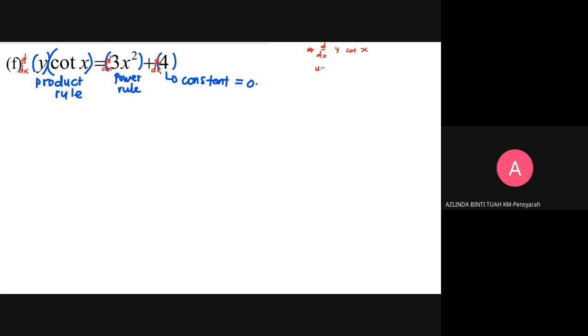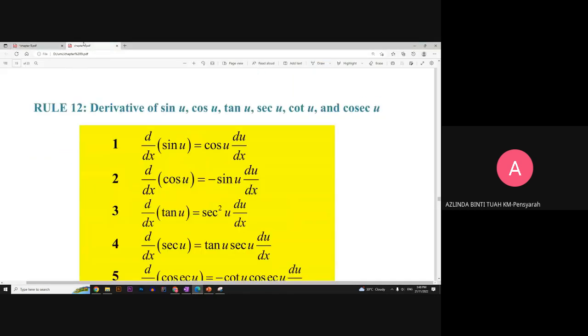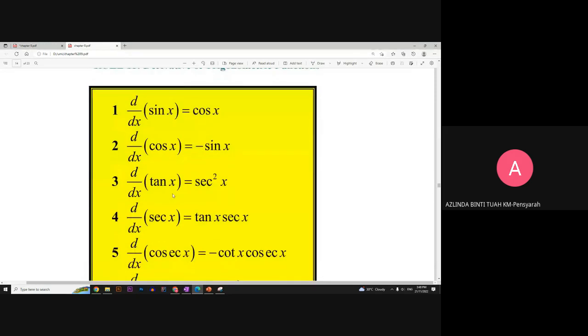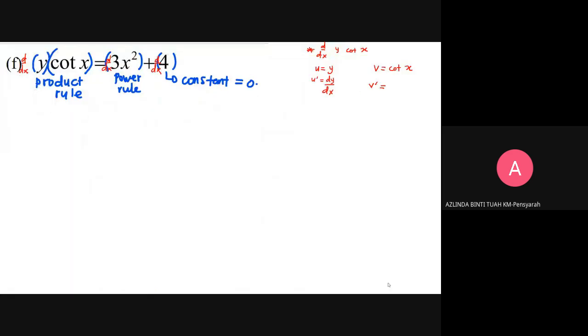So u equals y, v is cot x, u prime is equal to dy per dx. Okay, v prime, what is the result of differentiating cot x? We will directly get the answer using rule number 11. Let's see, rule number 11. Cot x is equal to negative cosec squared x.